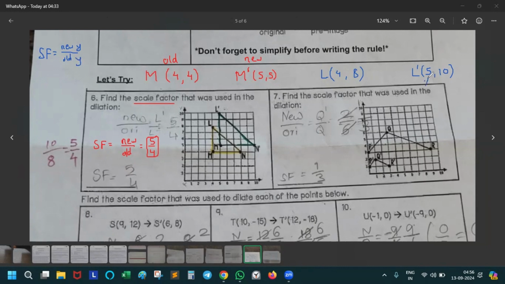Remember, the first coordinate is given by x, and the second coordinate gives you the y. Yes. 10. So this is 10. And what about the old y coordinate? Remember, 8. Yes. And what do you think 10 over 8 simplifies to?